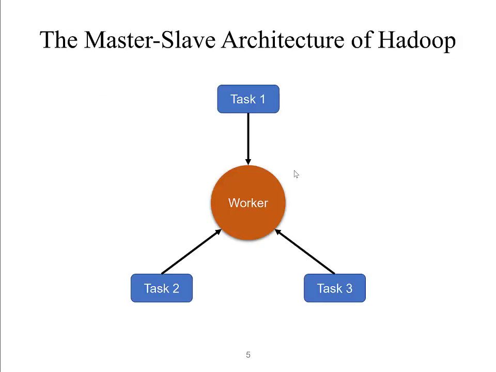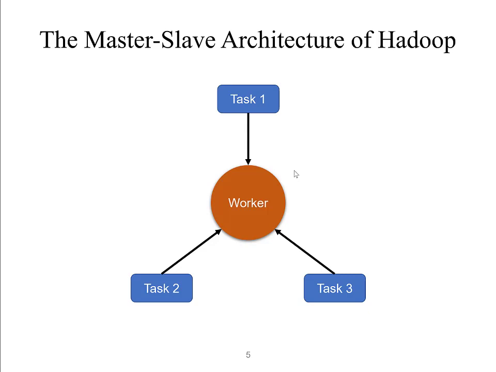Now let's see the architecture of Hadoop, or the main idea of Hadoop. This is called a master-slave architecture, but I would rather call it a manager-worker architecture. Basically the same thing. Just think of this scenario where we have a worker, let's say it's you, and there are 3 tasks.